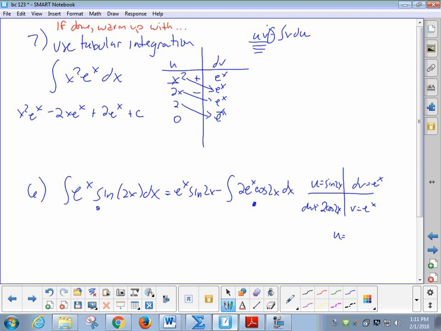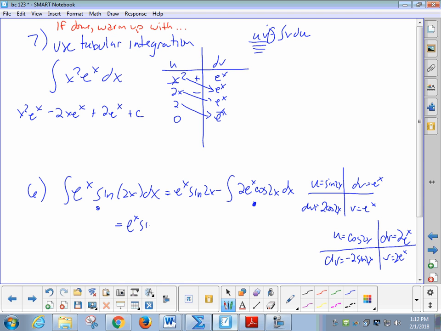So now I'm going to let u, now you have to be consistent. If you let u equal trig before, then you should let u equal trig again. So if u is cosine of 2x, then dv is negative 2 sine of 2x. And if dv is 2e to the x, then v is 2e to the x. You work out the 2 any which way you want, as long as you're careful with it.